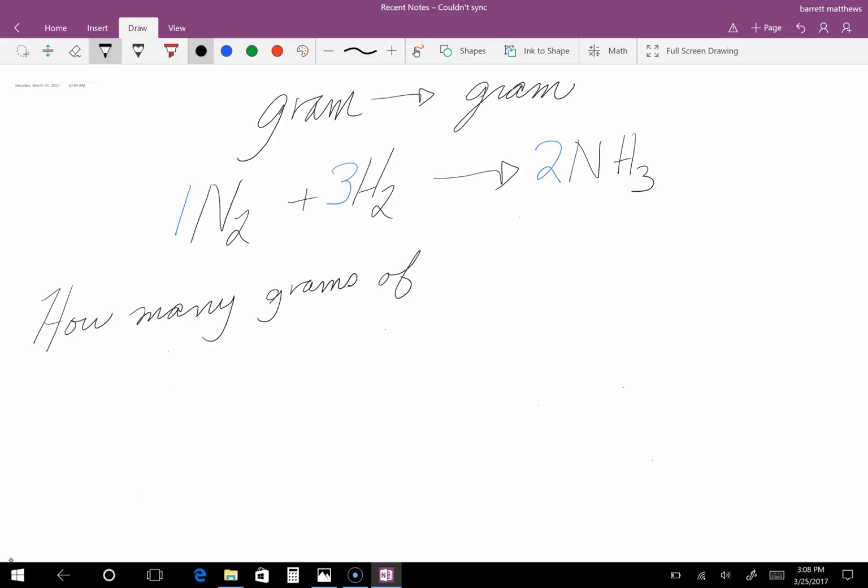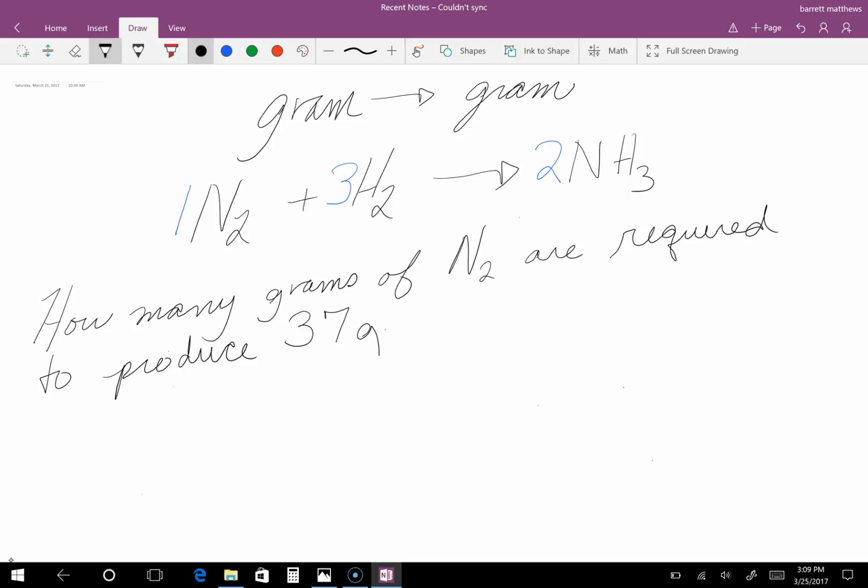How many grams of nitrogen are required to produce, let's say, 37 grams of NH3 or ammonia?